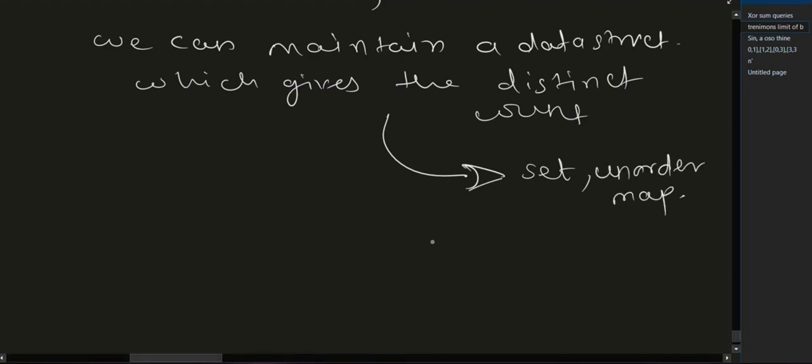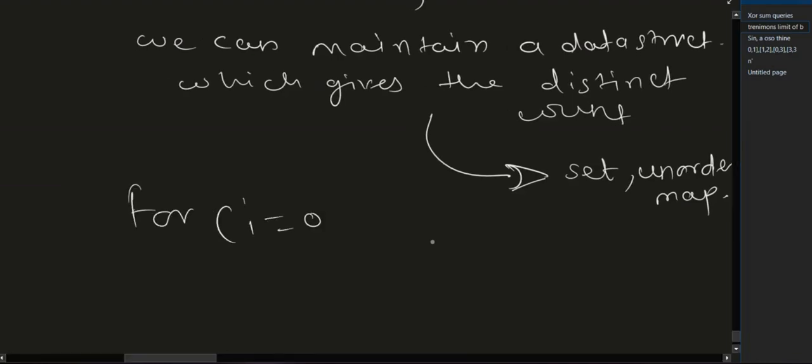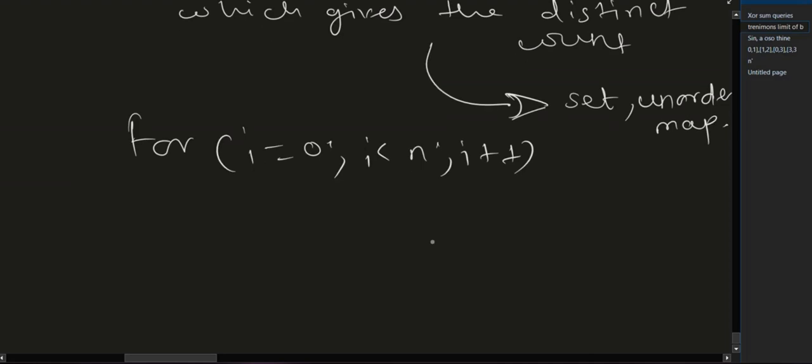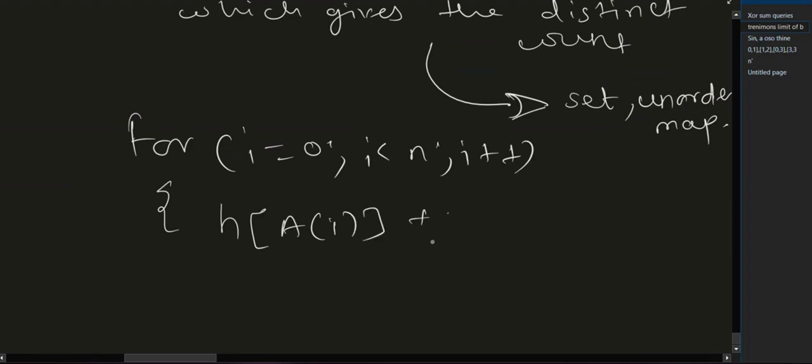My approach was: while iterating through the elements, for i equal to 0, i less than n, i plus plus, for every ith index I push the element A of i and B of i into my map.